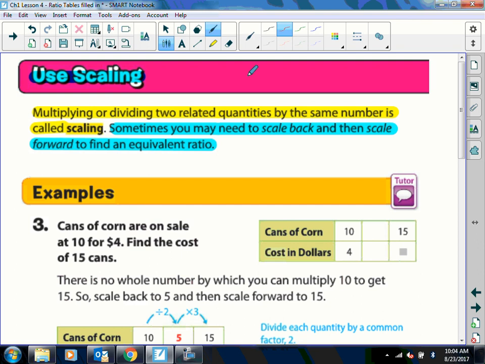So am I going to multiply or divide to get smaller? You're going to divide. So for scaling back, we're going to use division. And then when we scale forward, we're going to use multiplication. Is everybody clear with that? All right.